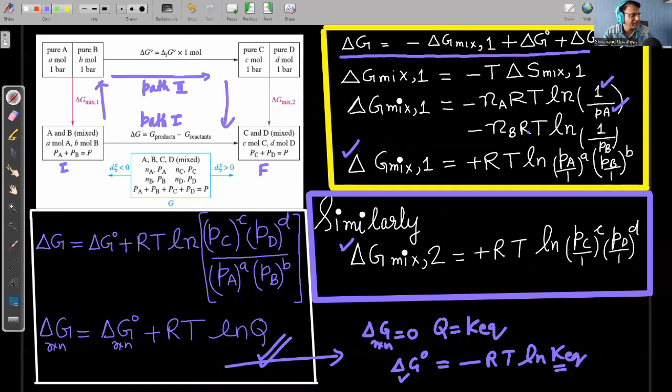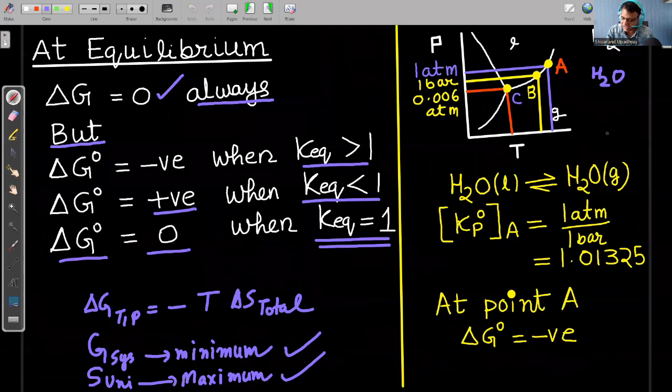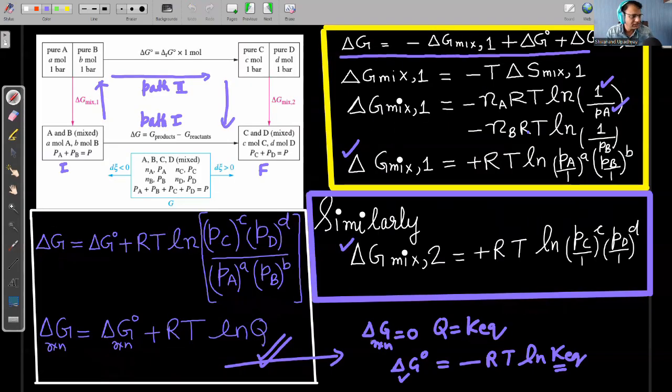So if we simplify, we should know that when we are writing something in log, it should be a unitless quantity, and that unitless quantity will come when in place of Kp and Kc, we write Kp naught and Kc naught. And basically, we should use Kp naught and Kc naught.